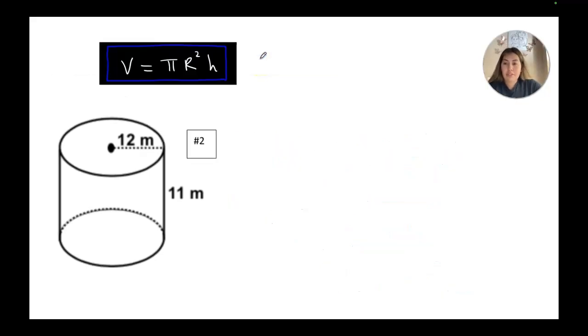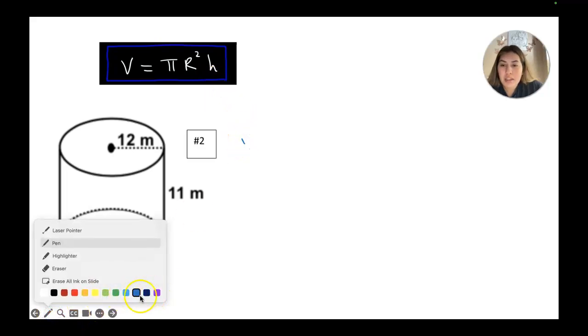Next, we will be solving the volume. For the volume, we have the volume formula here, which is V, volume, is equal to pi times r, r is radius, squared times height. Let me change my colored pen.